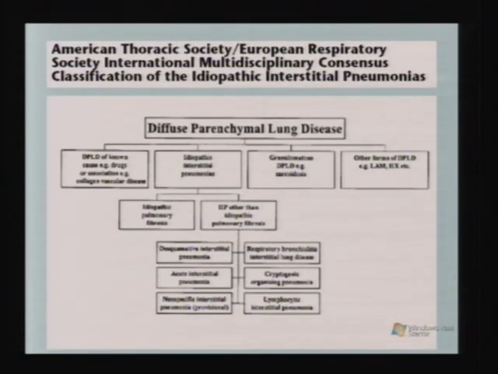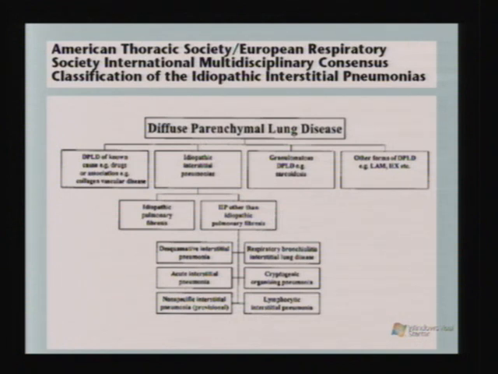We all know the first being the diffuse parenchymal lung diseases of known causes like drugs or connective tissue diseases. The second, those that are idiopathic interstitial pneumonias. The third pertains to the various granulomatous conditions like sarcoidosis. And the last is the other forms of diffuse parenchymal lung diseases like lymphangioleiomyomatosis.